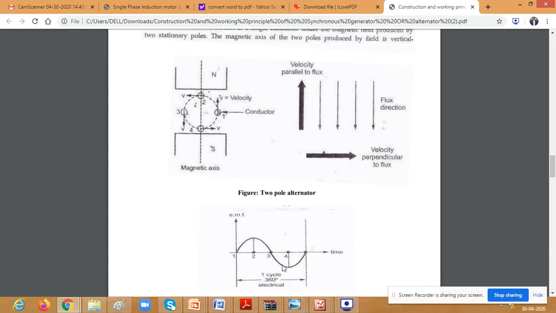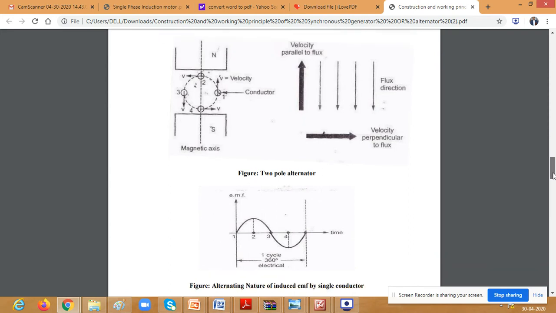So if I use only a single conductor and see one complete revolution, the induced EMF looks like this. It is nothing but a sinusoidal waveform.